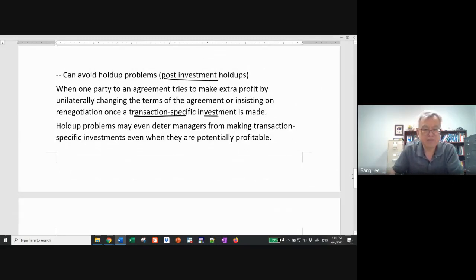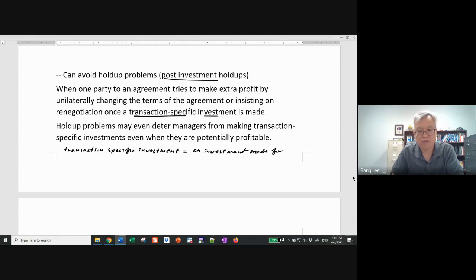Transaction specific investment means an investment made for transaction specific assets.